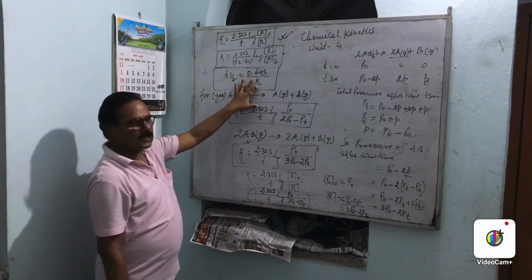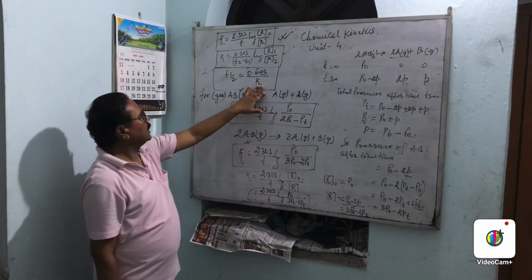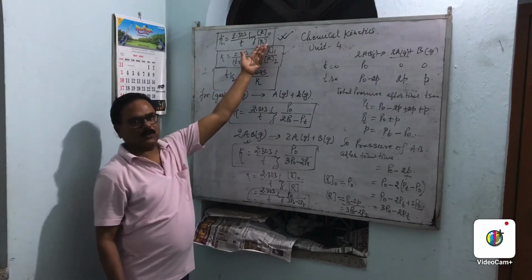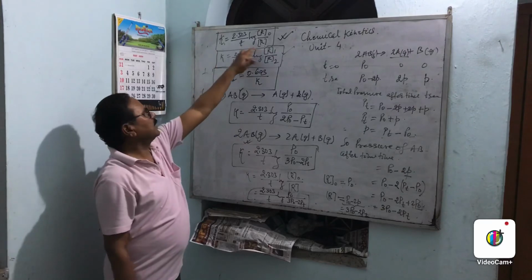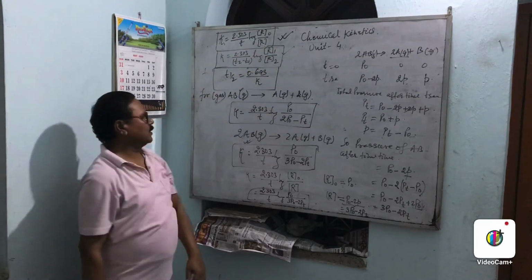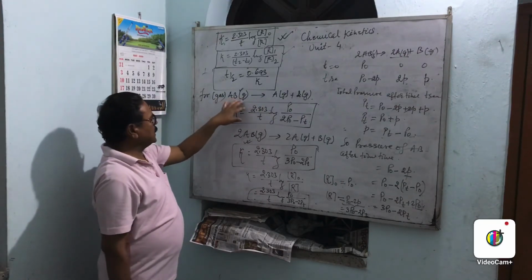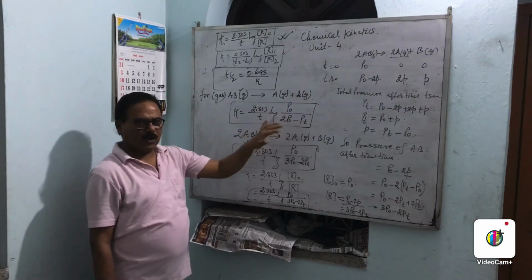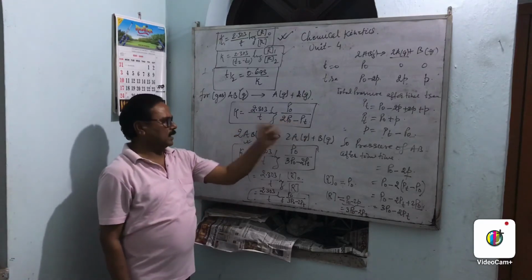If half-life is given, then calculate K from it, and if the question asks for the concentration after a given time, we can calculate R by taking the antilog. If a gaseous molecule of type A to B is given, directly use this formula; how it is derived and what we have considered, I have already explained.